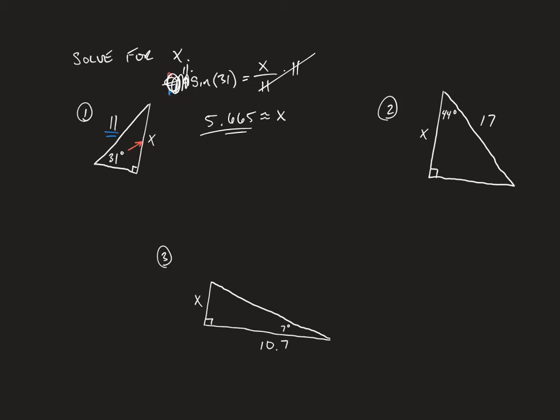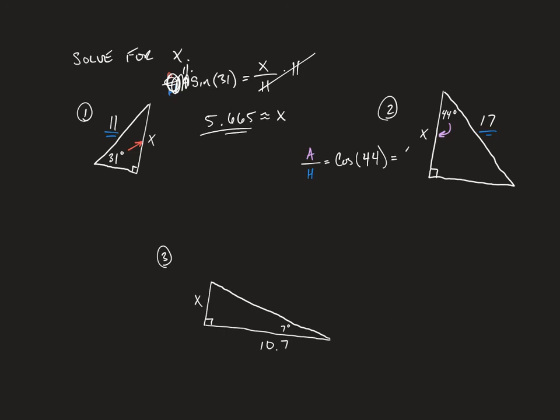Let's go ahead and do number 2. Number 2, it looks like from this 44-degree angle, I am looking for the adjacent side, and I've been given the hypotenuse side. So I'm going to be wanting to use a function that compares the adjacent side to the hypotenuse side of a right triangle. I know that that function is cosine. So I'm going to ask a calculator, what is the relationship between the adjacent and hypotenuse sides of a right triangle from the perspective of a 44-degree angle?